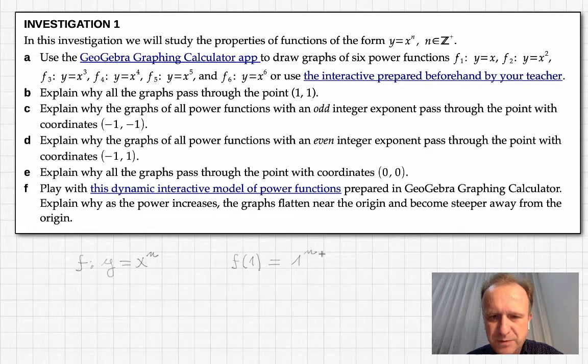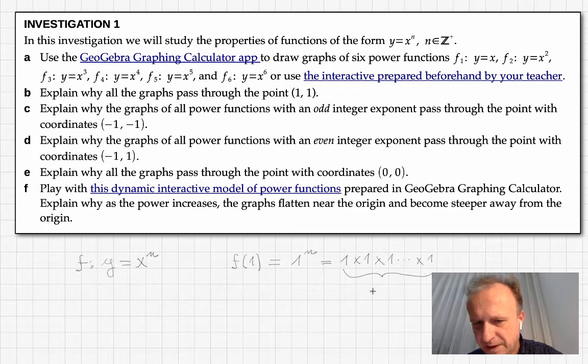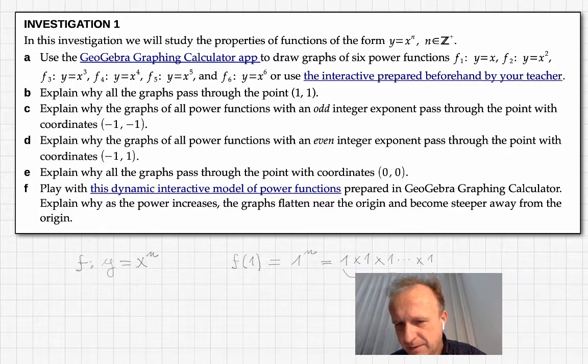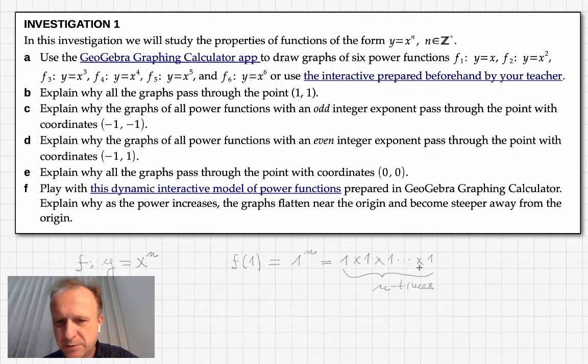What does 1 to the power of n mean? It means that you have to multiply 1 by itself like this, etc., and all of that should be done n times. So what do you get when you multiply 1 by itself n times? Of course, you must get 1.